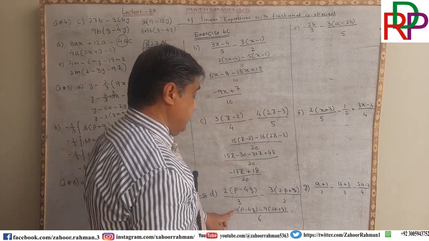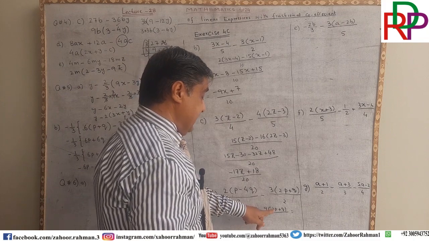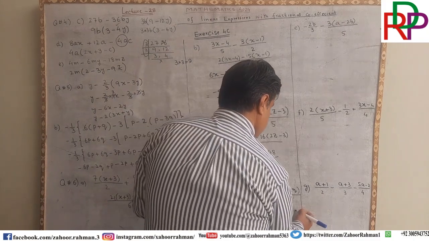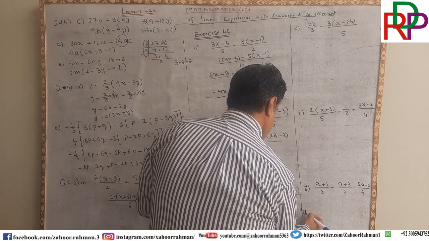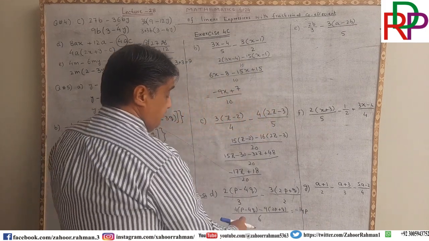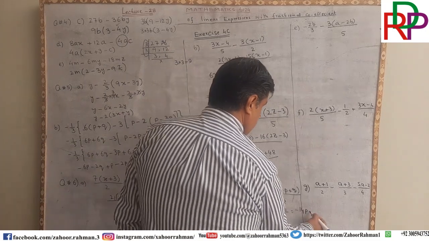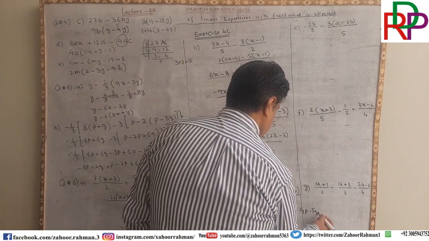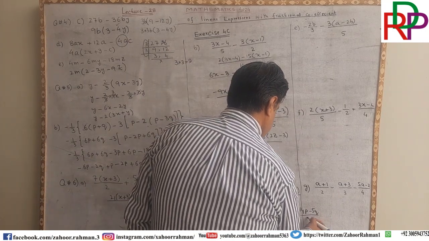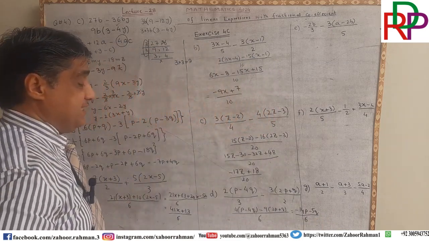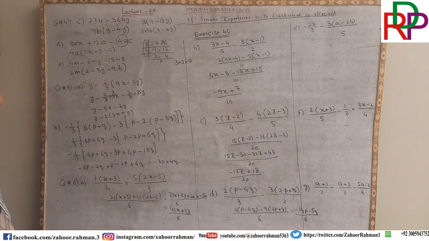So 4p minus 18p, it will be minus 14p. Minus 4q and minus q, so it will be minus 5q, whole divided by 6, and that is the answer.